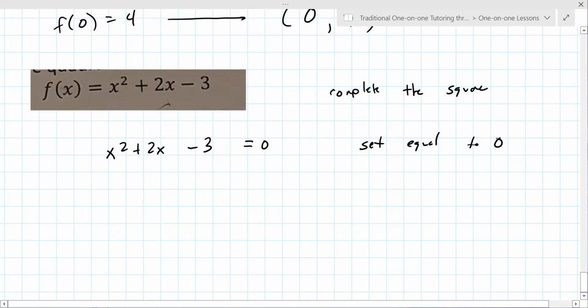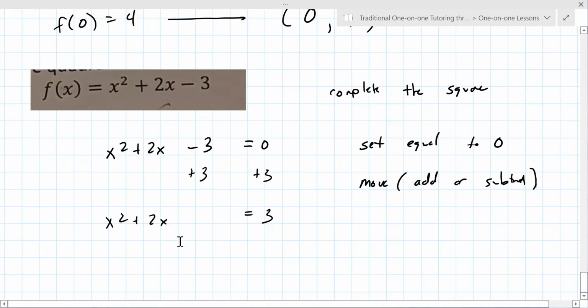Then you move whatever the number is to the other side of the equation. Move in math generally means to add or subtract. Now, do you remember at all how to figure out what goes in this empty space right here? It's okay if you don't.